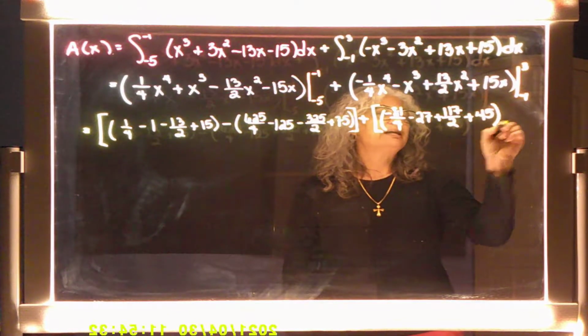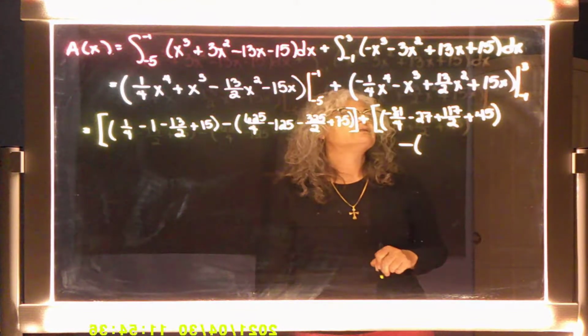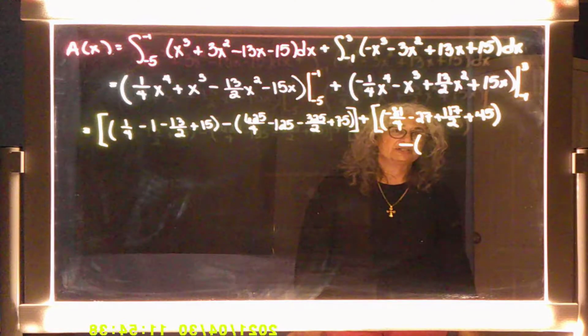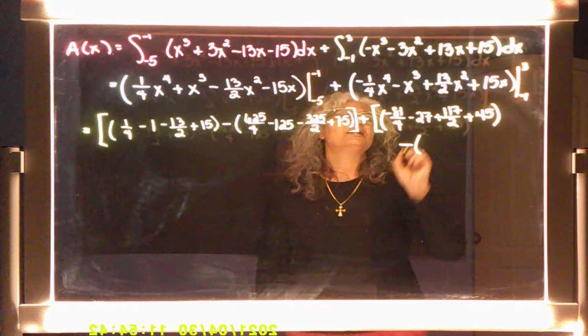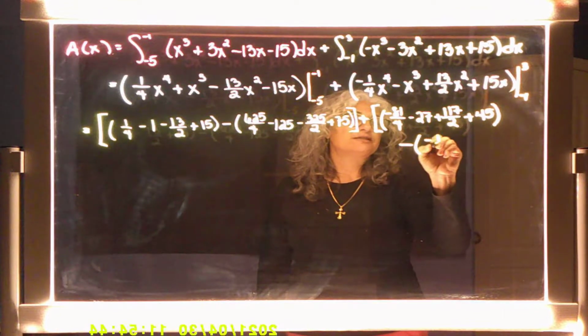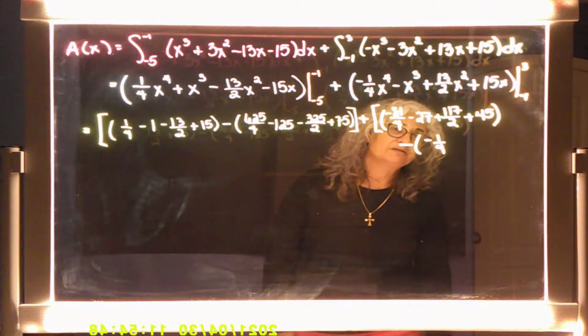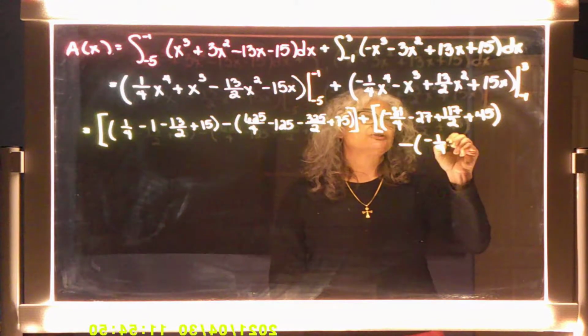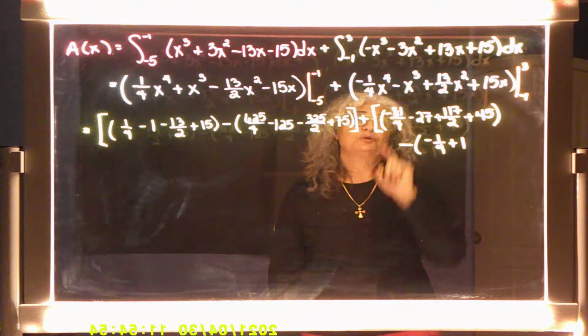And then I've got a minus from it, and I'm going to write it underneath, plugging in that negative 1. So what's negative 1 to the power of 4? Positive 1, so that's a negative 1/4. Negative 1 to the power of 3 is a negative 1. So that's a positive 1, isn't it? So you're minusing a negative 1, right?